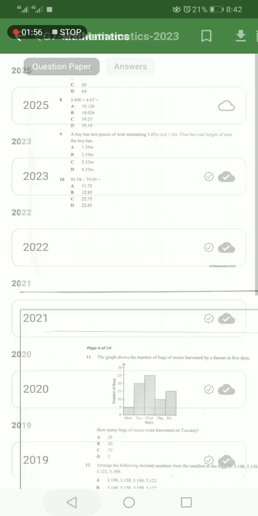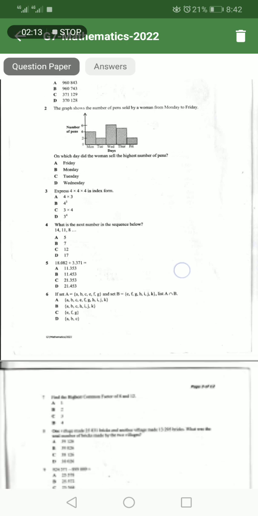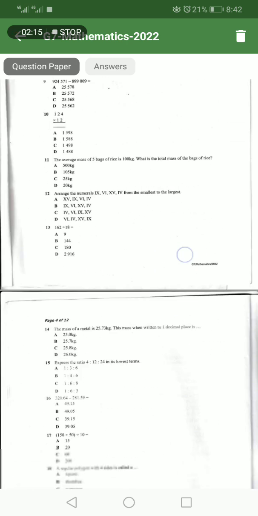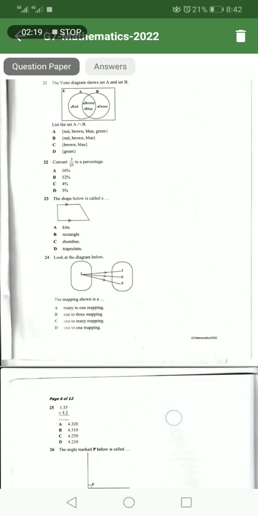Let's go to 2022. Let's see if we will find these same concepts in the next paper. Okay, question 2. The graph shows the number of pens sold by a woman from Monday to Friday. So this is a question on the graph, meaning it has passed this test. Let's see if we can find a question on perimeter.